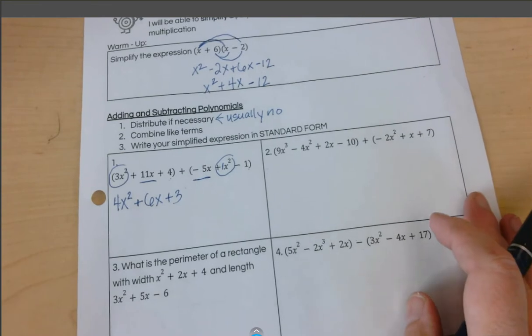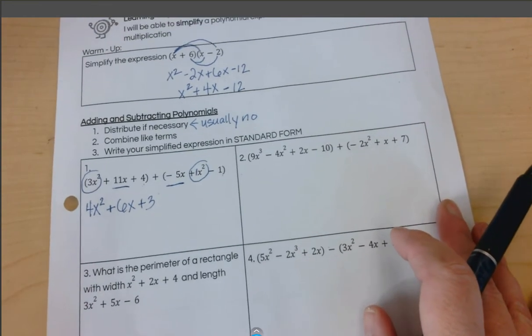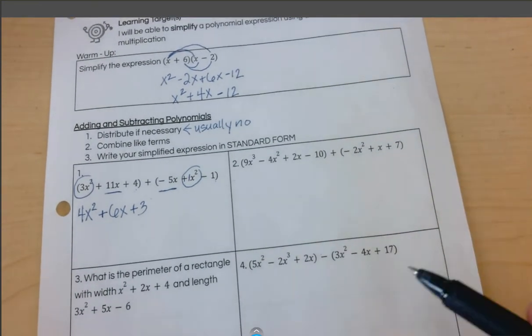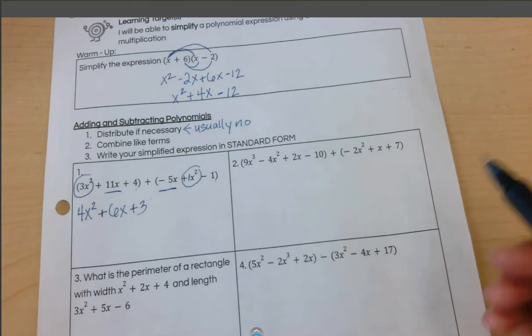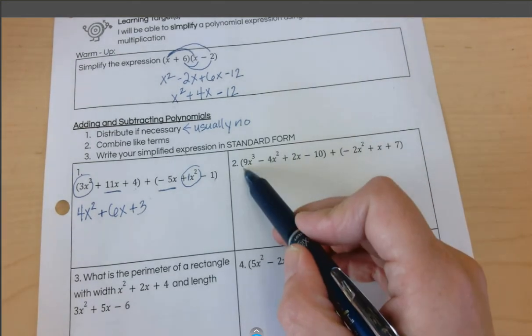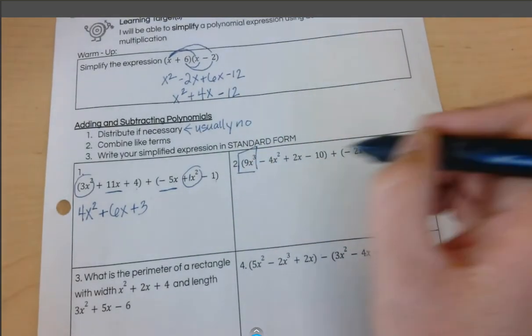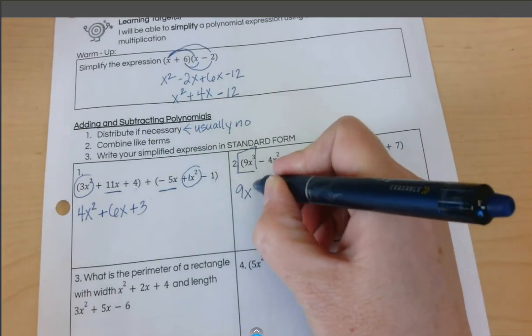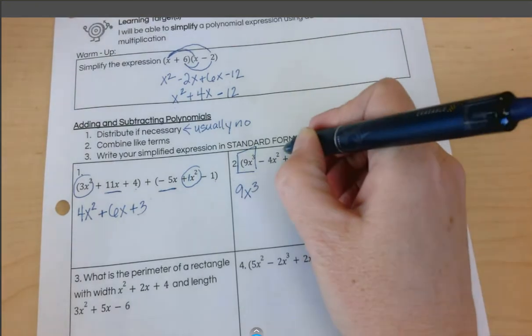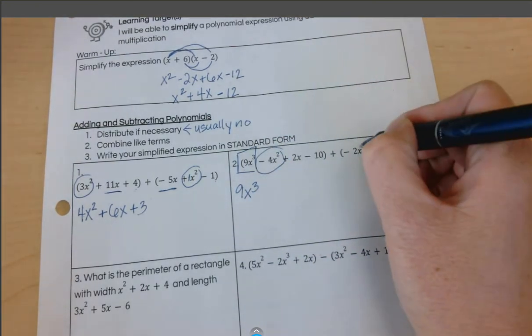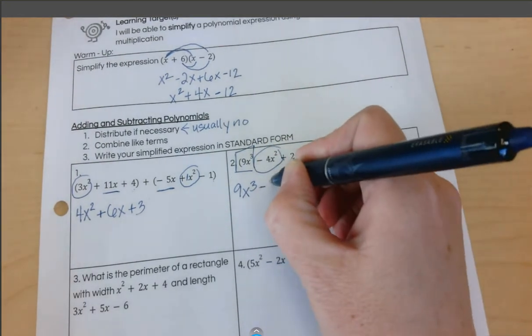Next one, same thing. If you have not paused the video yet, you should be pausing the video to try these before you listen up. So I have nothing to combine with this 9x to the 3, so it just comes down. I'll combine my -4x squared and my -2x squared.